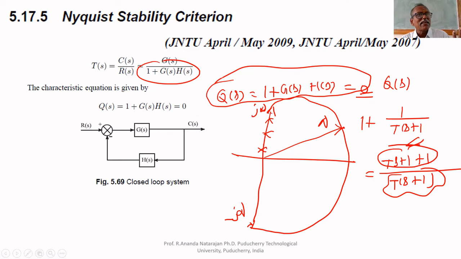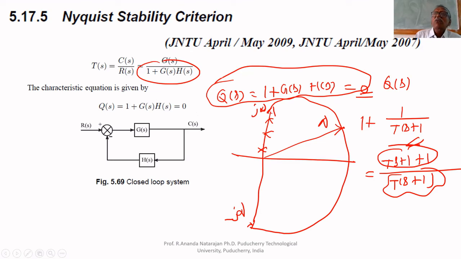It is nothing but the denominator polynomial of the closed loop system. Therefore, the zeros of the characteristic polynomial are closed loop poles. This line alone you remember: zeros of the characteristic polynomial are closed loop poles.